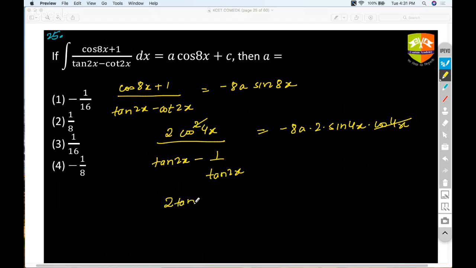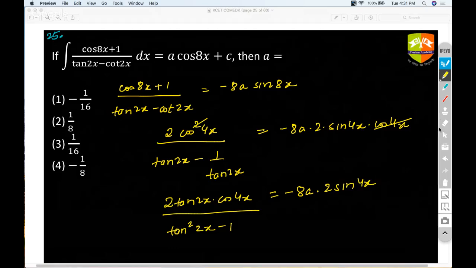This will become tan 2x into cos 4x by (tan square 2x minus 1). That's minus 8a into 2 sine 4x. Correct? Now if you see this term carefully, this term here is actually negative tan 4x.